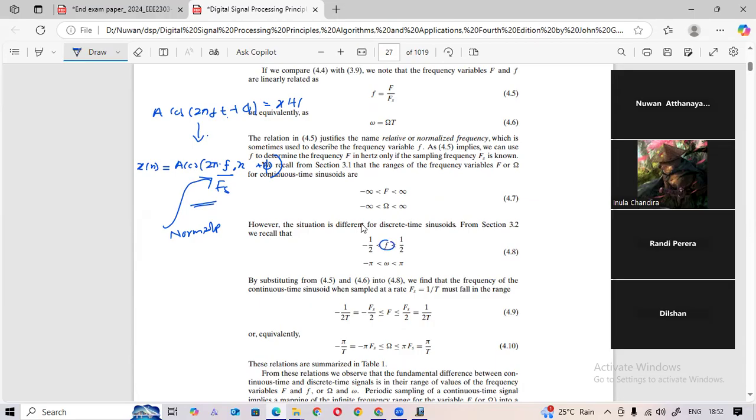Maybe you can remember that this normalized frequency should be in this range: minus half to plus half. If it is exceeding this range, then a fundamental discrete frequency will be there within this range.